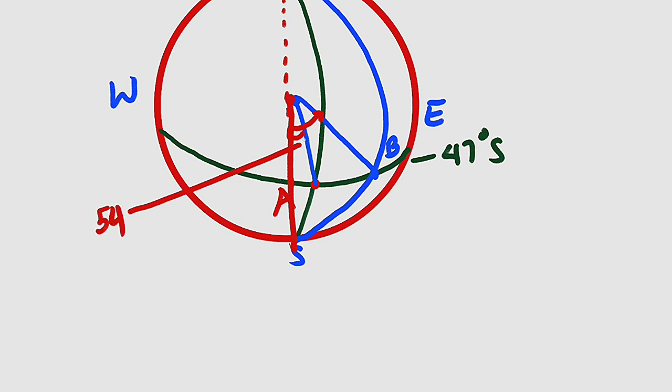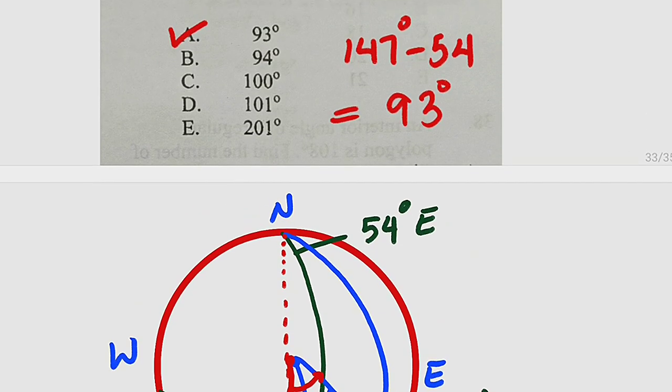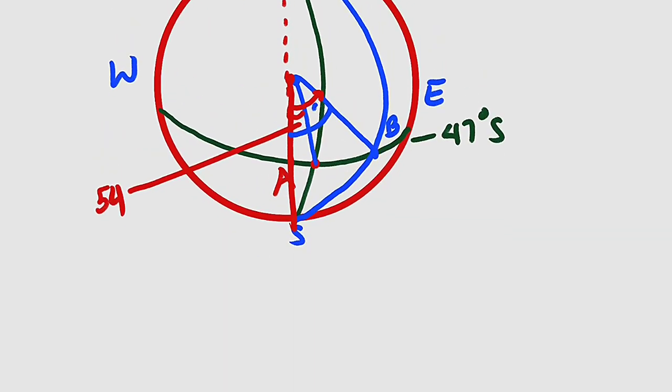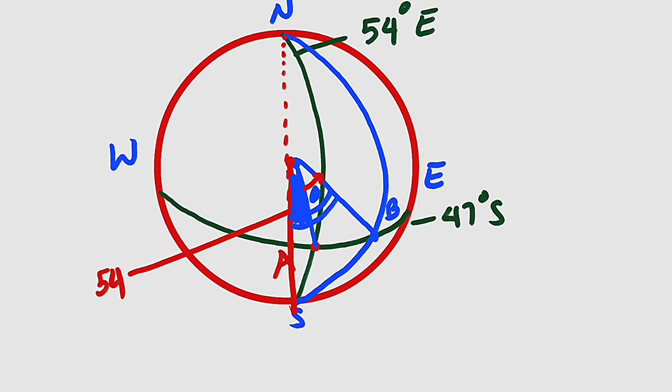But the entire angle from the center to B is 147. But we are looking for this angle in between them. So therefore, you have to subtract the angle here from the total angle to get the difference angle in between them. So this is why we take the larger angle and we subtract the smaller angle.